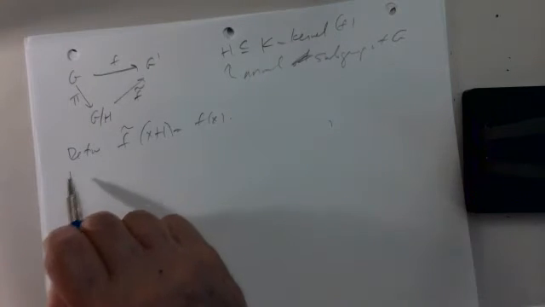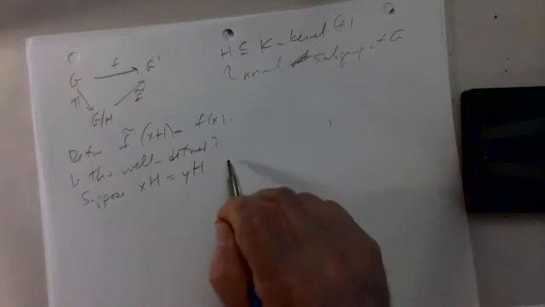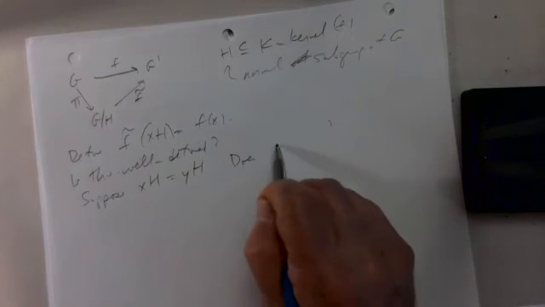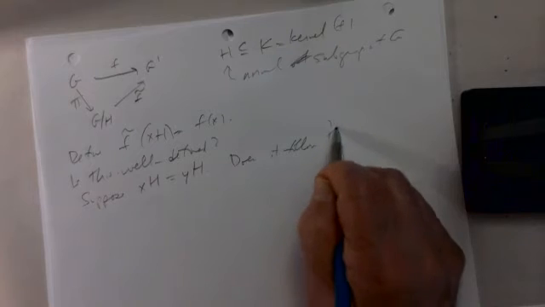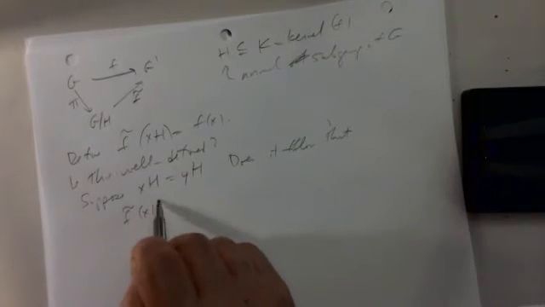And the question is, is this well defined? So suppose XH equals YH. Does it follow that, if XH equals YH, we would have F tilde of XH is F of X, but XH is YH, so this is F tilde of YH.